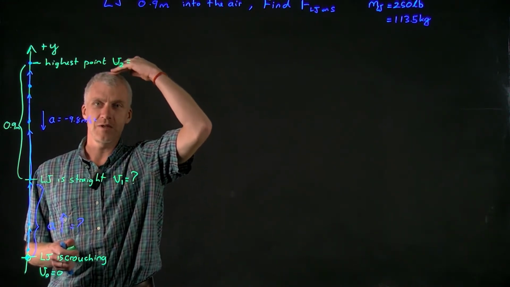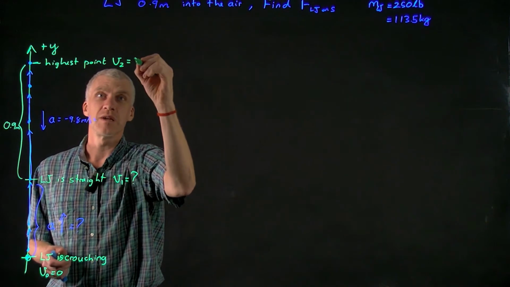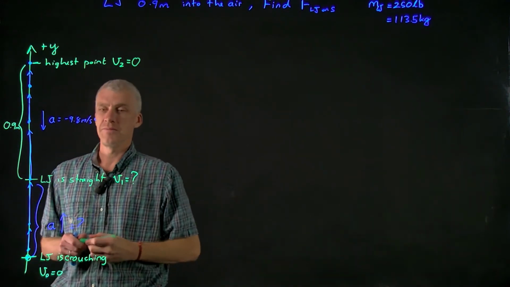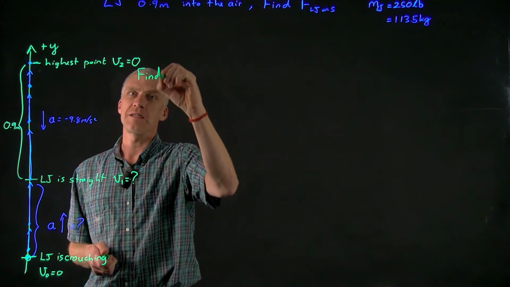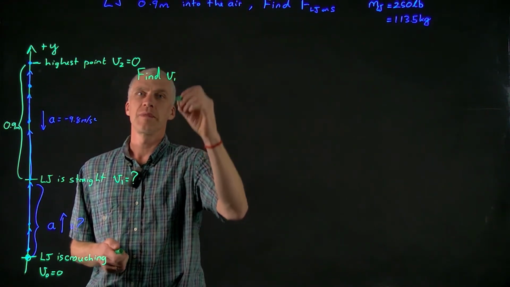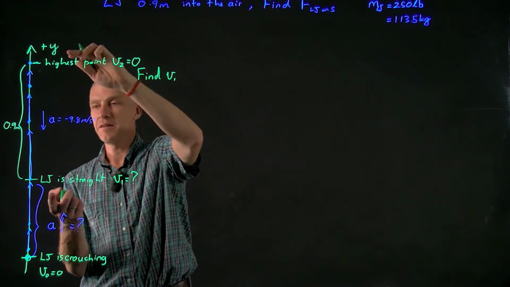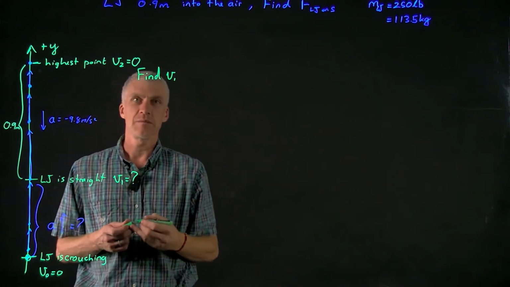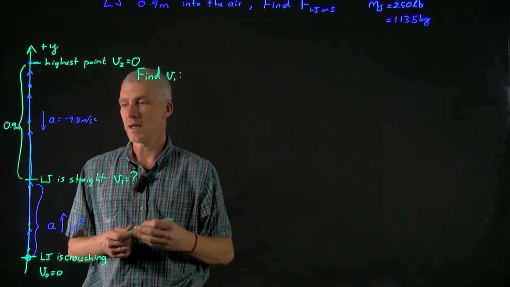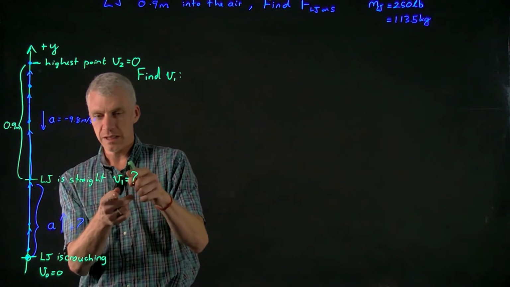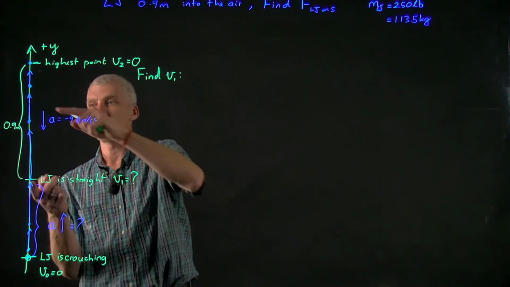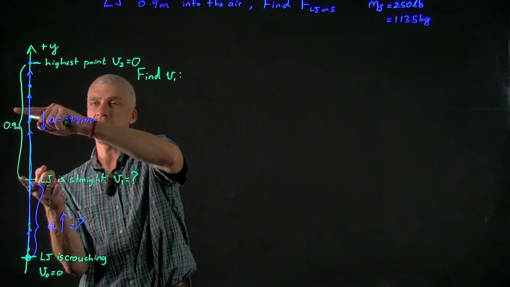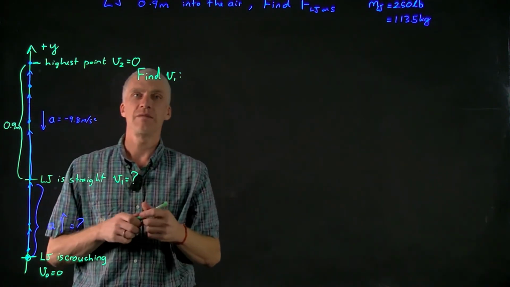It's the point at which he turns around and falls back down, so his velocity over here is 0. The first order of business is to find V1 by analyzing the second phase of LeBron James's motion. We need V1 because we need to know how fast he was accelerating in the first phase of the motion. The fact that he jumped 0.9 meters into the air is enough information for us to find V1.